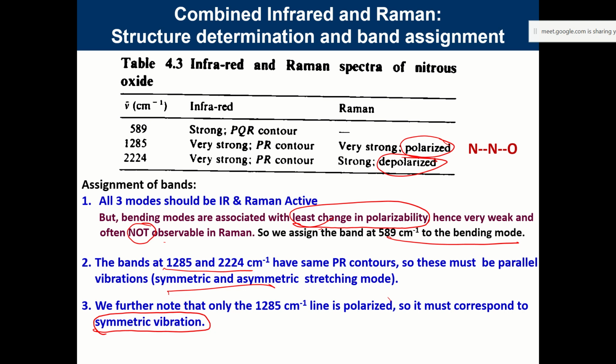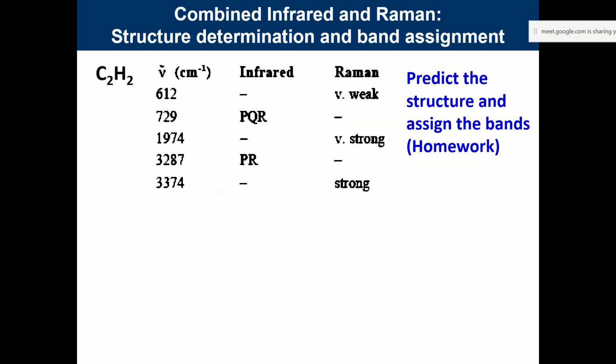More polarization of the Raman lines means that particular vibration is symmetric, and greater is the symmetry, greater is the extent of polarization. So the distinction between depolarized and polarized is made. That also further confirms that what you have been thinking is right. And the asymmetric mode is okay.